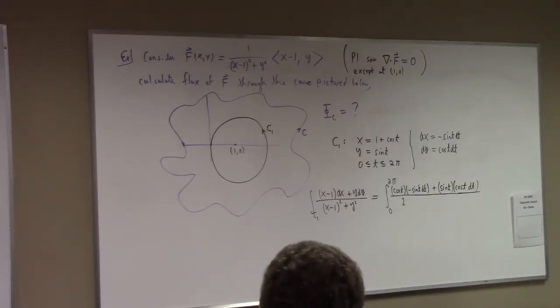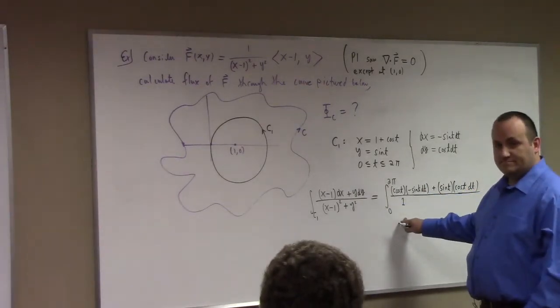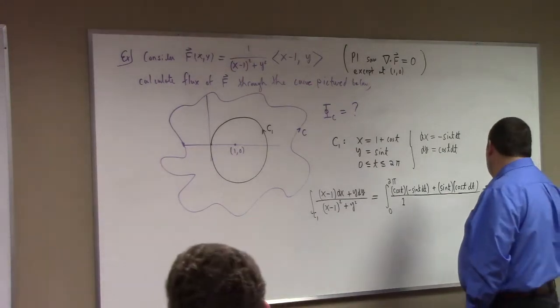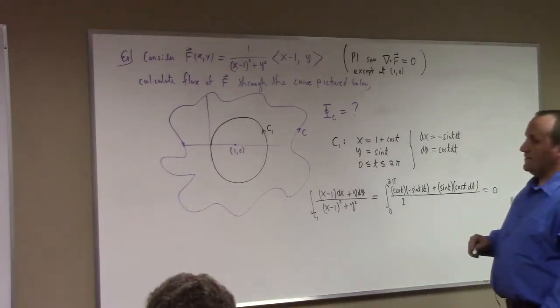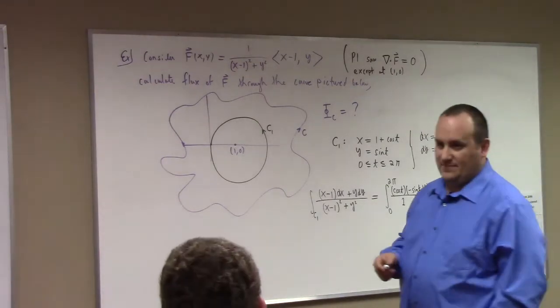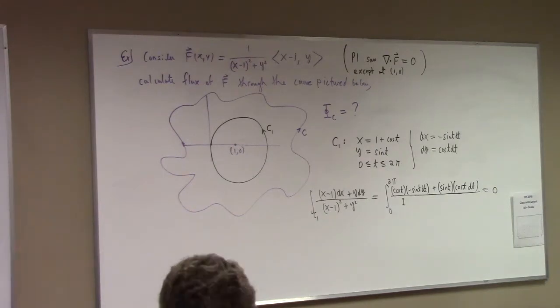I'm an idiot. What am I calculating here? Why is this 0? I mean, what I wrote here is 0. That's not a miscalculation. But why is it irrelevant to the question I've asked? I did not calculate the flux. What did I just calculate?